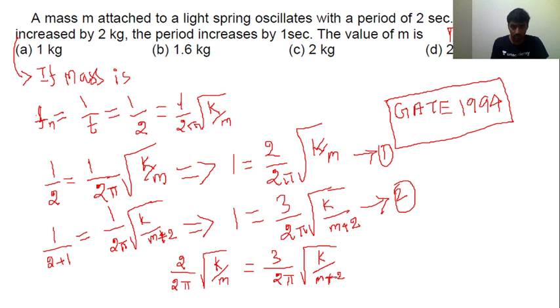Now cancel this 2 pi and 2 pi. Now we have to cross multiply it here. When you are cross multiplying it, what are we getting here?